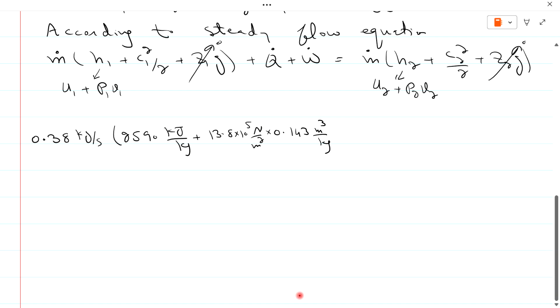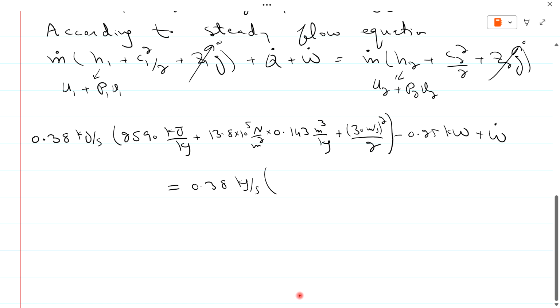This is the value of V1 plus C1 square by 2. The value of C1 is 30 meter per second, squared, divided by 2, plus Q dot is equal to minus 0.25 kilowatt, plus W dot, which is unknown, is equal to m dot, which is 0.38 kilogram per second.